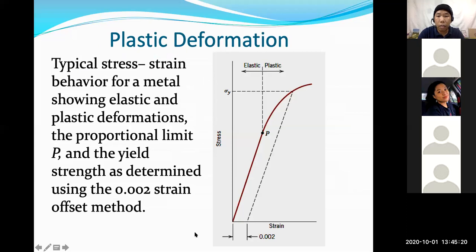Okay, so this illustration here is a typical stress strain behavior for a metal showing elastic and plastic deformations. So strain and stress. The proportional limit P, this is P, and the yield strength as determined using a 0.002 strain offset method. You can see here the 0.002 offset.